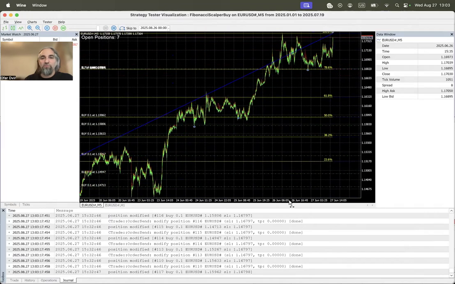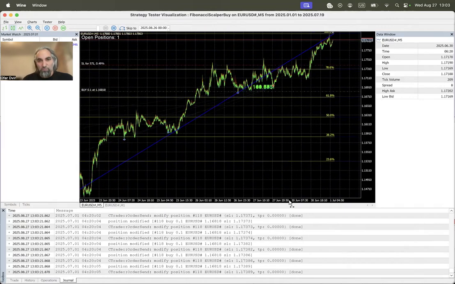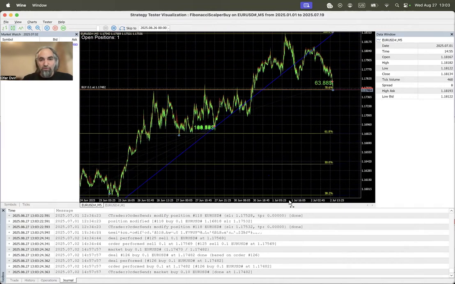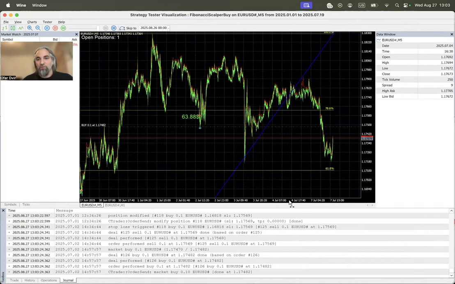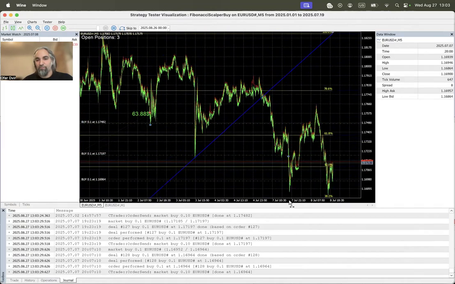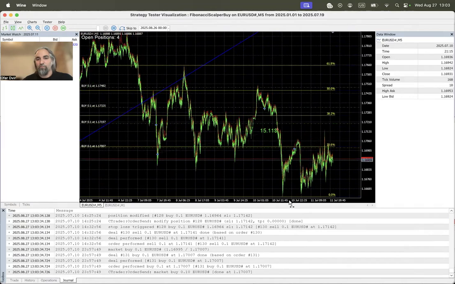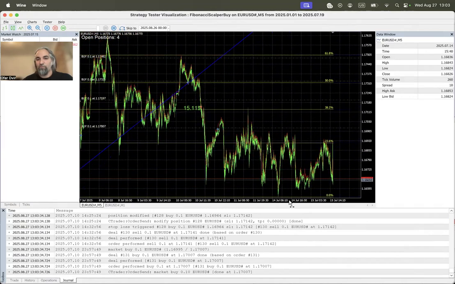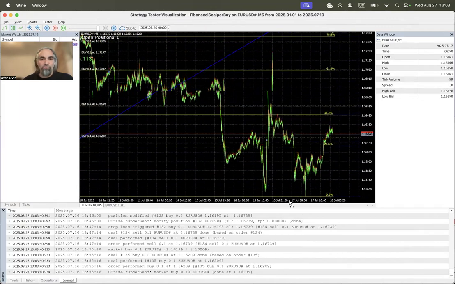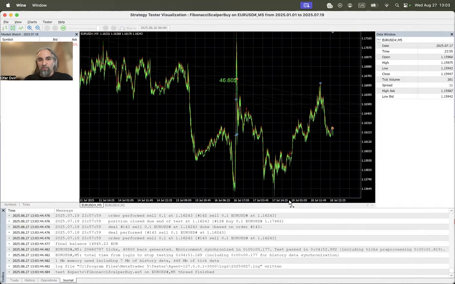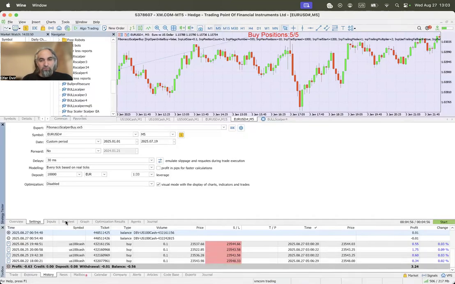Even if at times it seems like there's a trend, bearish or bullish, as we see at the moment, it doesn't mean anything because it can fall down any second. So as you can see, it falls down, it goes up again. So let's have a look at the back test.